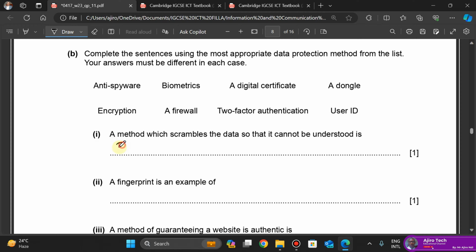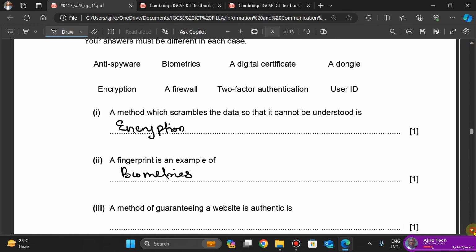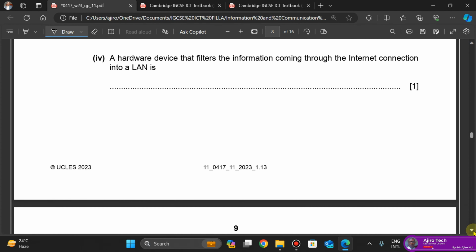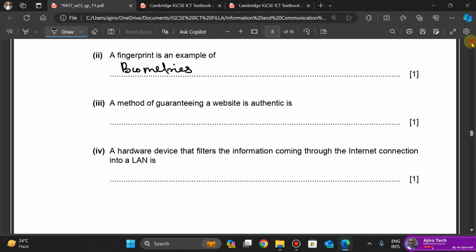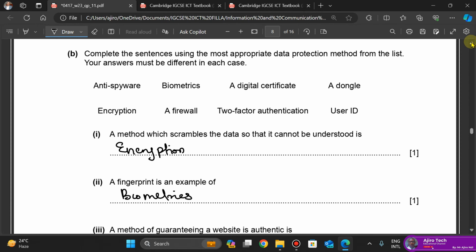As the first one, encryption. A fingerprint is an example of biometrics. A method of guaranteeing a website is authentic is a digital certificate.